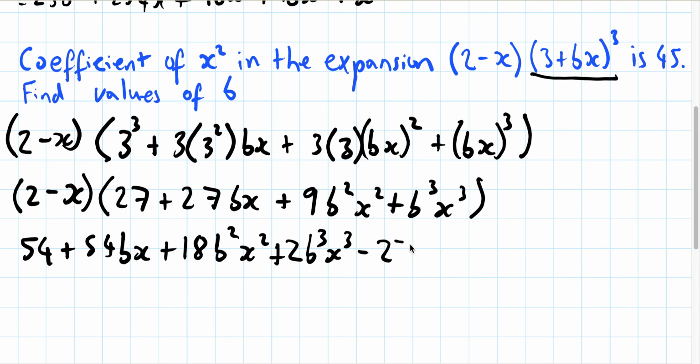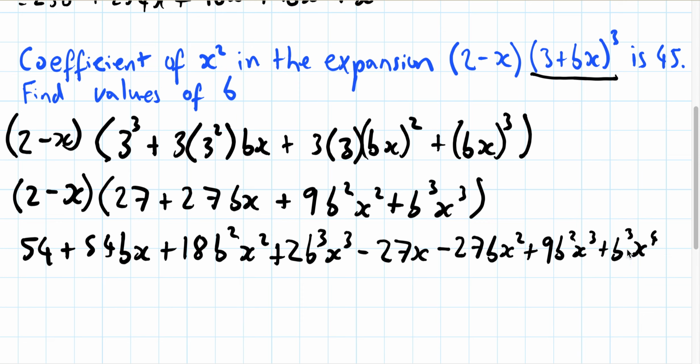So we get minus 27x, minus 27bx squared, add 9b squared x cubed, add b cubed x to the power of 4. Oh, this all should be minus, sorry. This should be a minus, and this one should be minus.